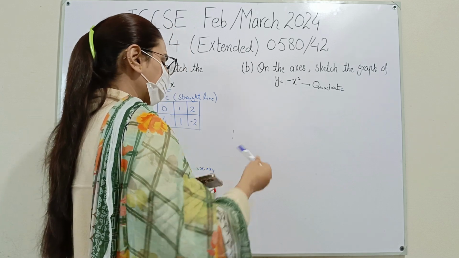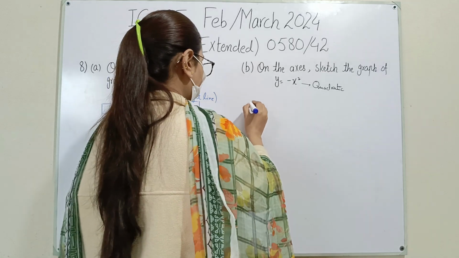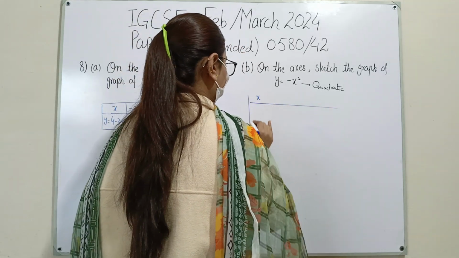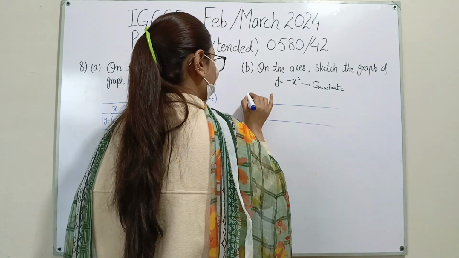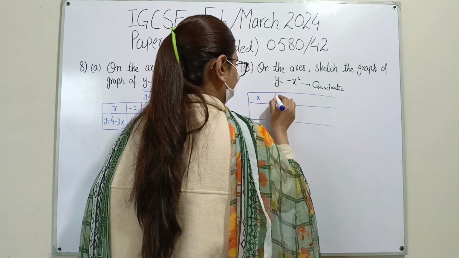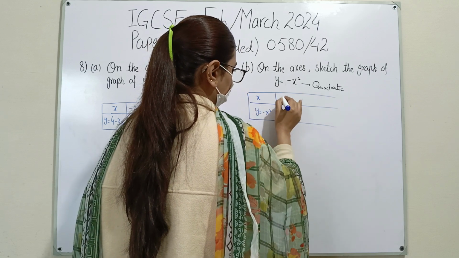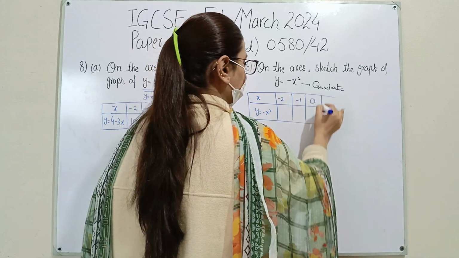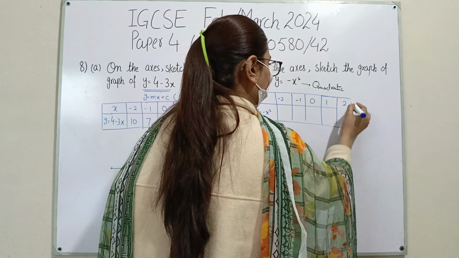In the same sense, put random values of x in order to get random values of y. So here I am putting the values of x. It is the student's choice to take different values. So I am starting from -2, -1, 0, 1 and 2.